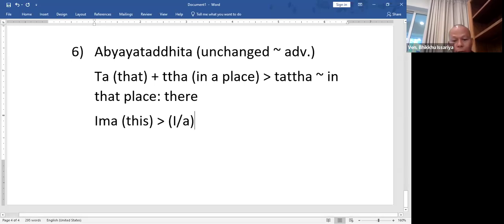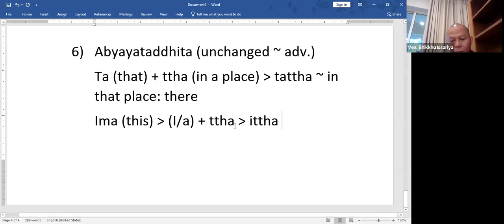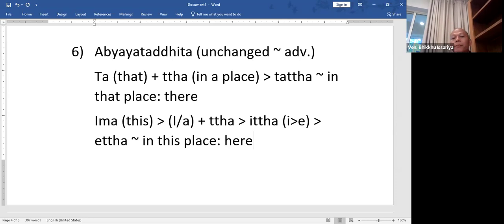So when we add the ta after that, we have eta. At that time this e again changes to a, and we have etta. Ettha means in this place, that means here.